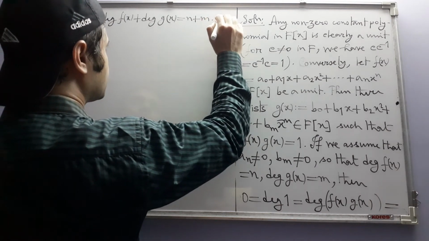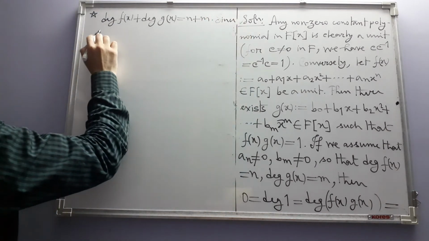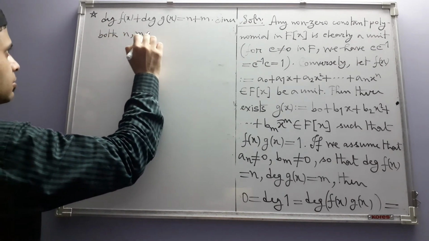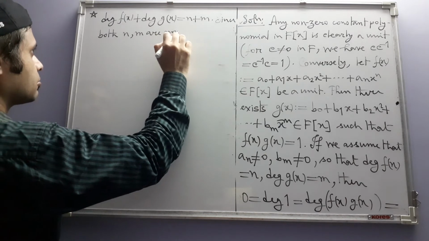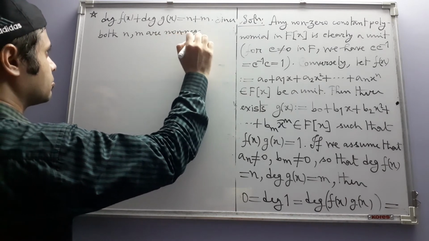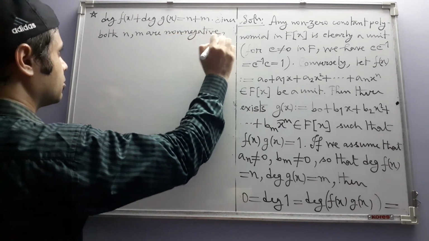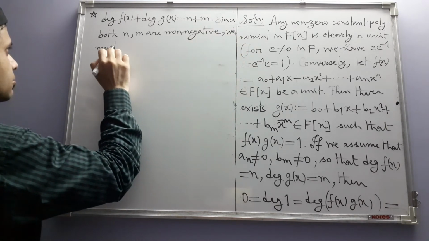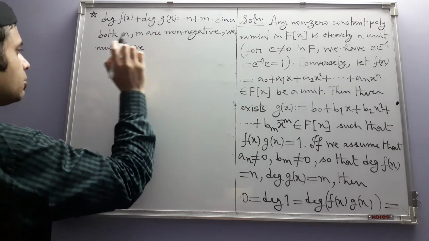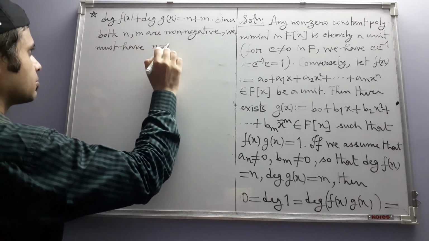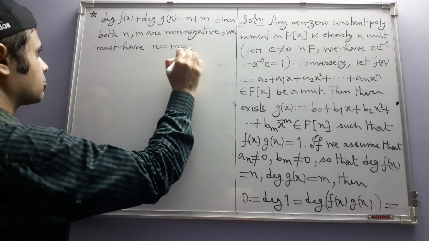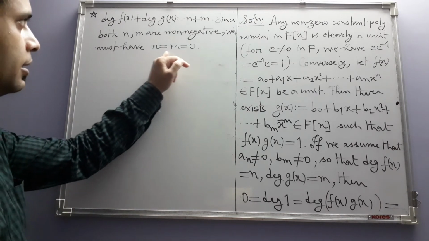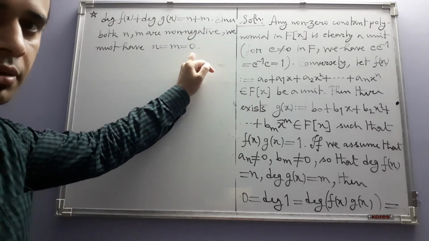Since both n and m are non-negative, we must have this. The point to be noted here is that n is 0.